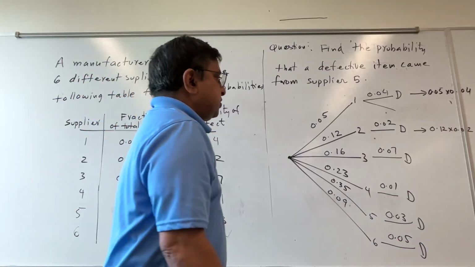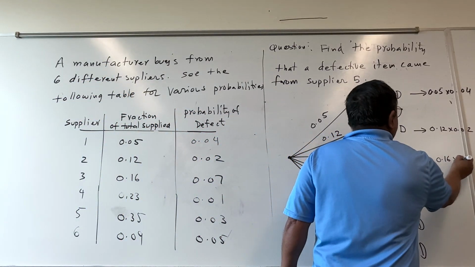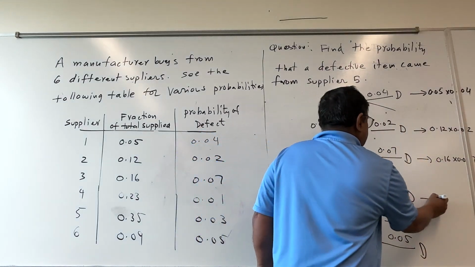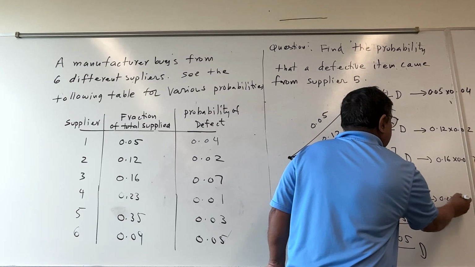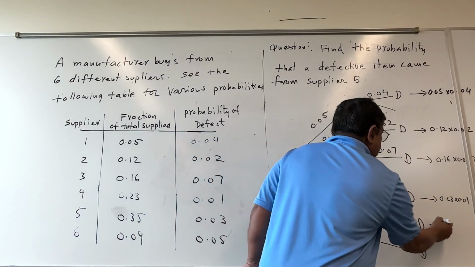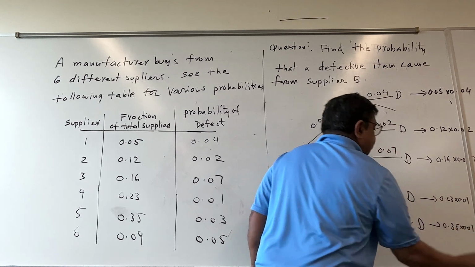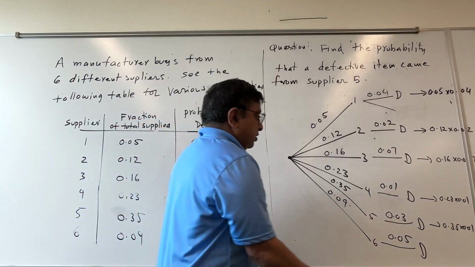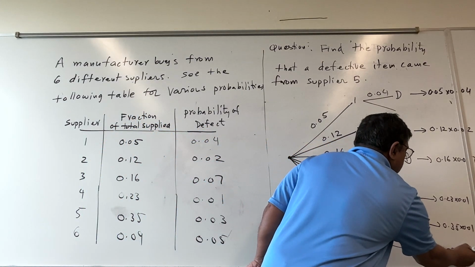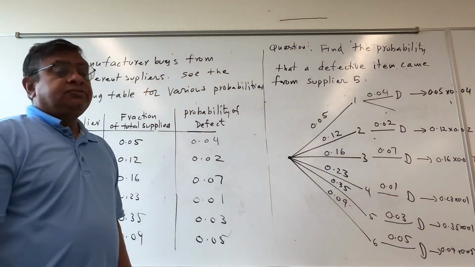Okay, now you can see those. Here the probability is 0.16 times 0.07. Here the probability is 0.23 times 0.01. Here the probability is 0.35 times 0.03. And here the probability is 0.09 times 0.05. So I multiplied all these probabilities.